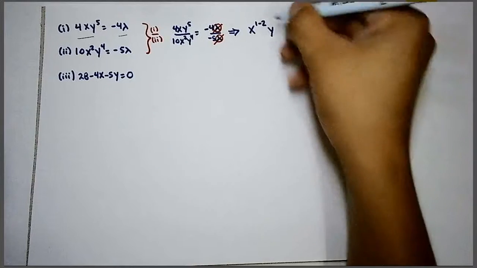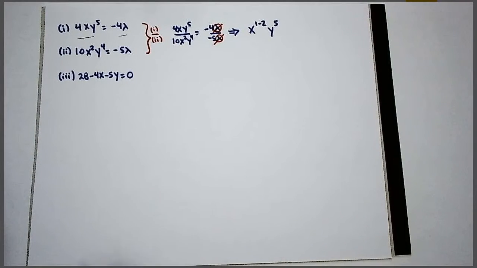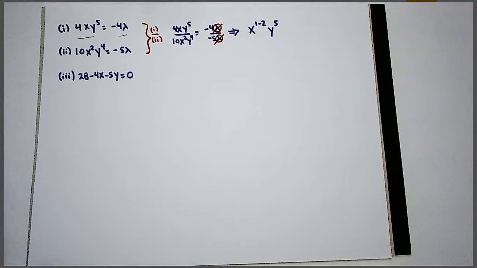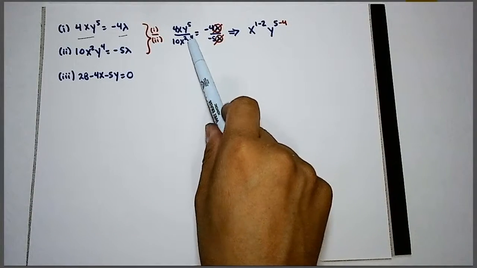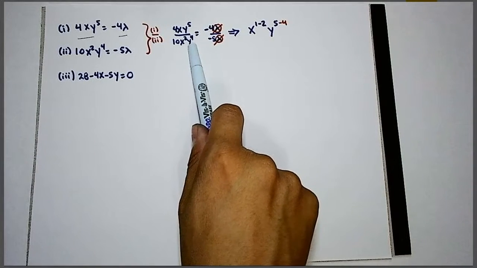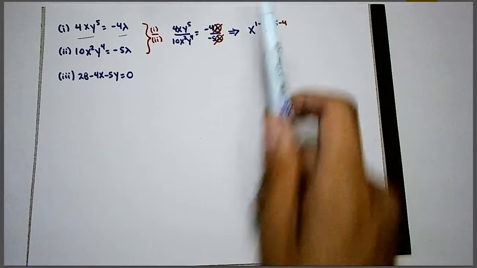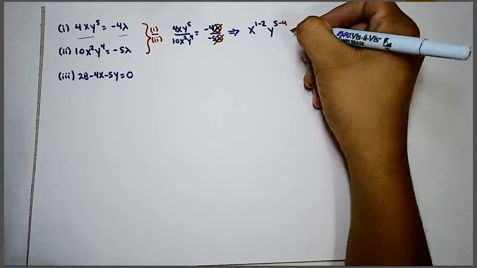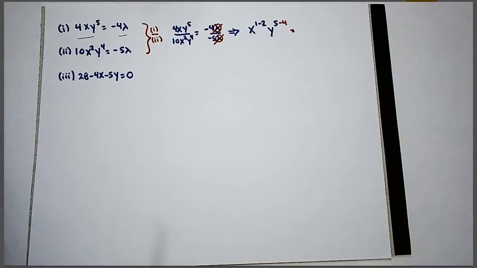The numerator has an exponent of 5, but then the denominator has y to the fourth, so we can move the exponent up, but because this is a fraction and the exponent is in the denominator, we move it up with a negative sign. And then the constants, what we can do is move it to the other side.